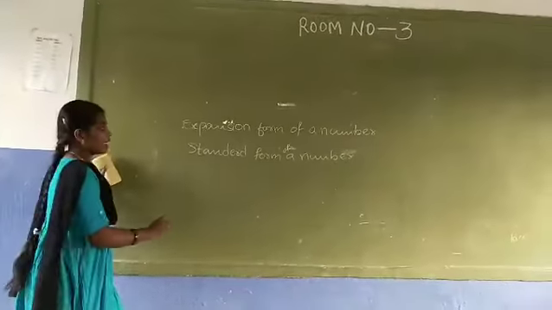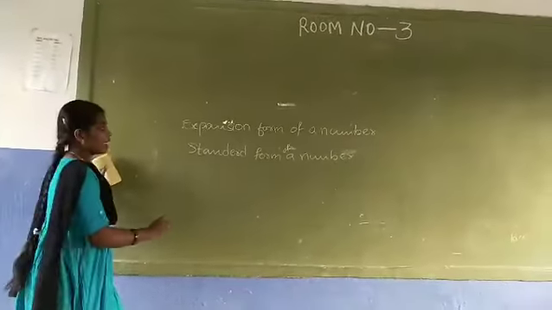7000 plus 500 plus 40 plus 7. This is in expansion form. What is the expansion form? In 7000, 7 is under thousands place, that's why I am multiplying 7 with 1000.